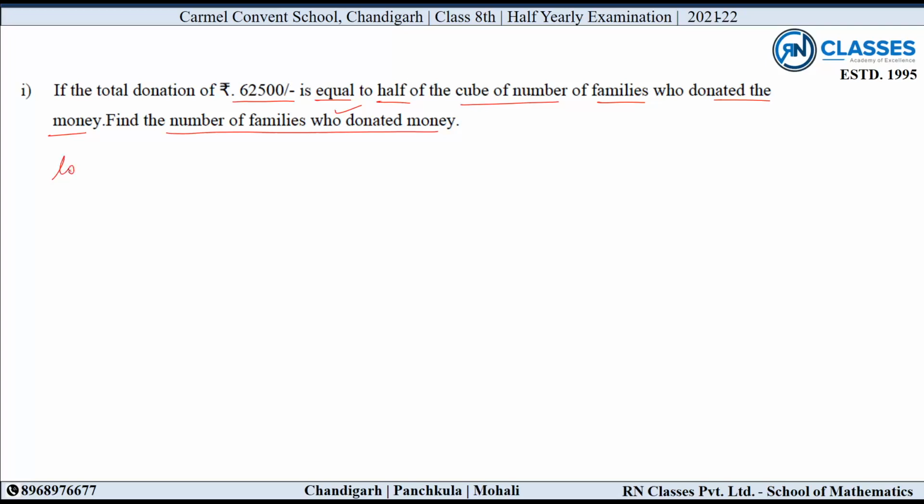Total donation was 62,500, right? Each family equal amount. Right?